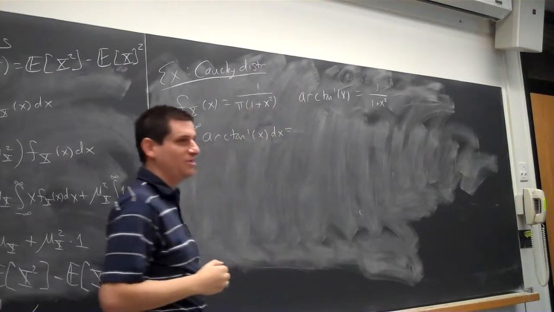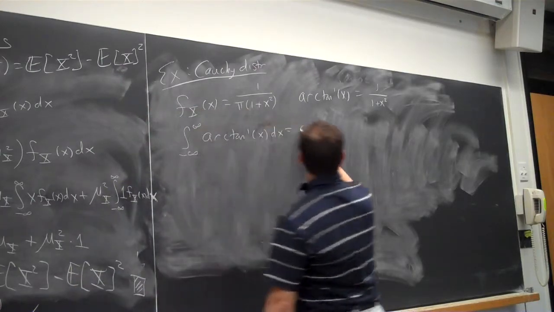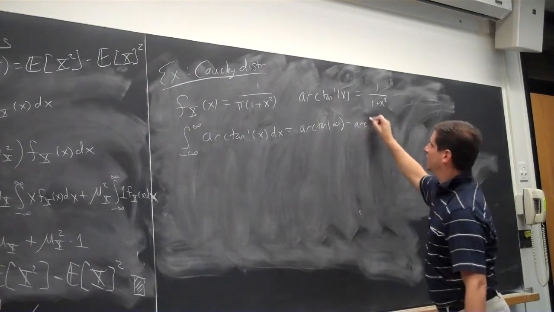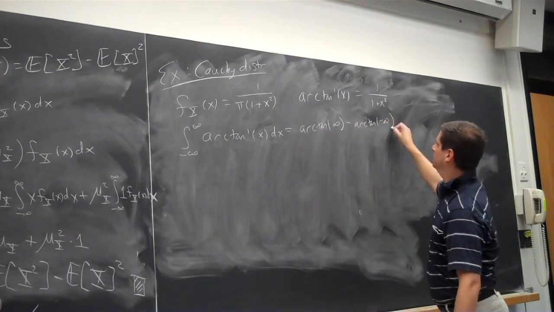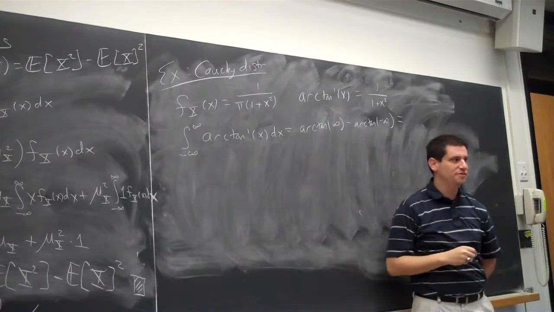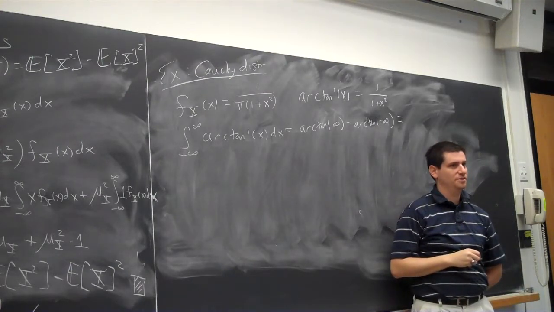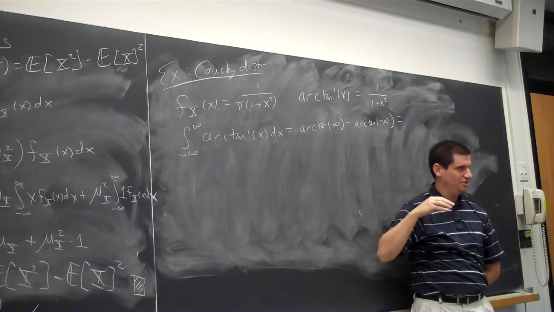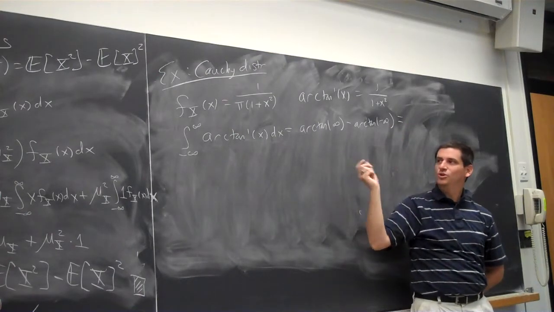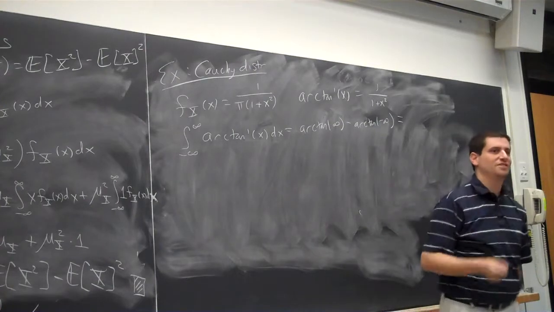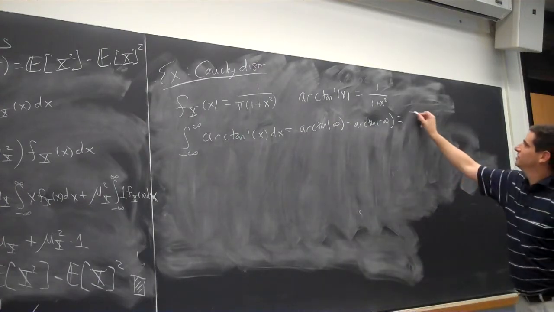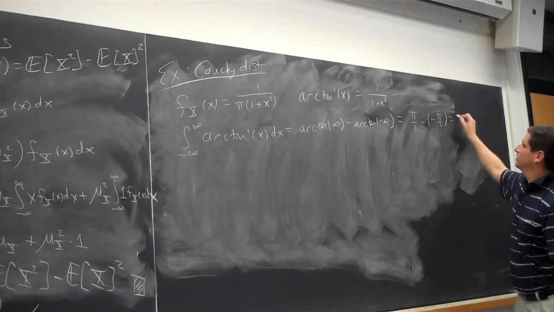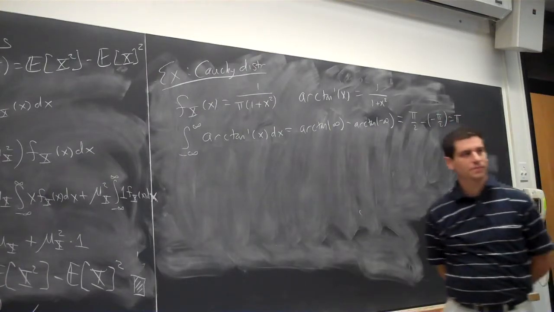What's the integral of the derivative of arctangent? Oh, that's not so bad. That's arctangent of infinity minus arctangent of minus infinity. What's arctangent of infinity? So tangent is sine over cosine. So I need an angle whose tangent is infinity: pi halves. Minus negative pi halves is pi.